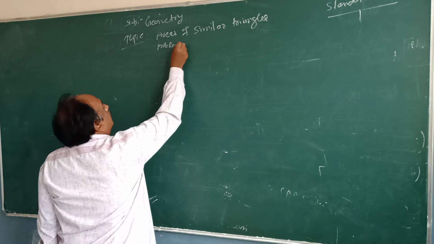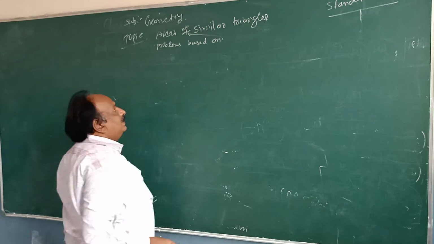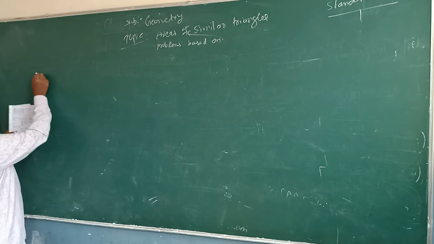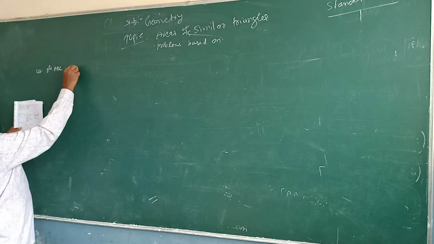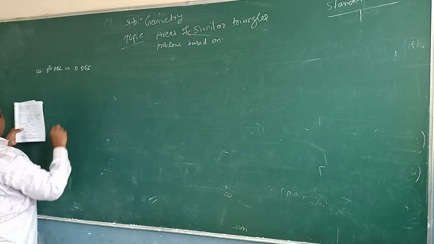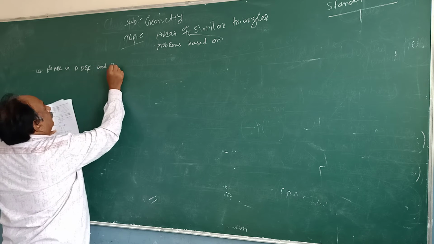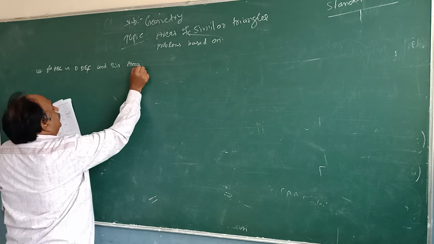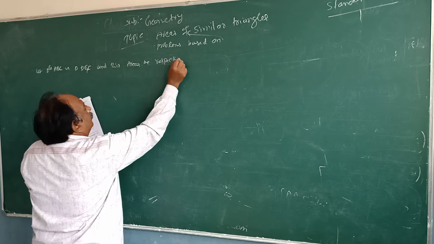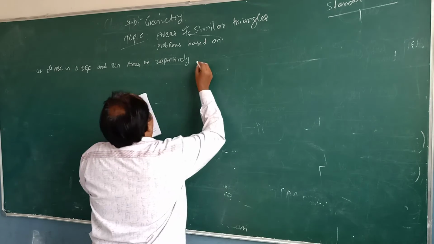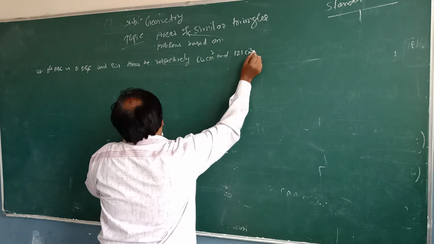Problems based on areas of similar triangles. This problem is always appearing in the examination. Let triangle ABC and triangle DEF have areas respectively 64 cm square and 121 cm square.